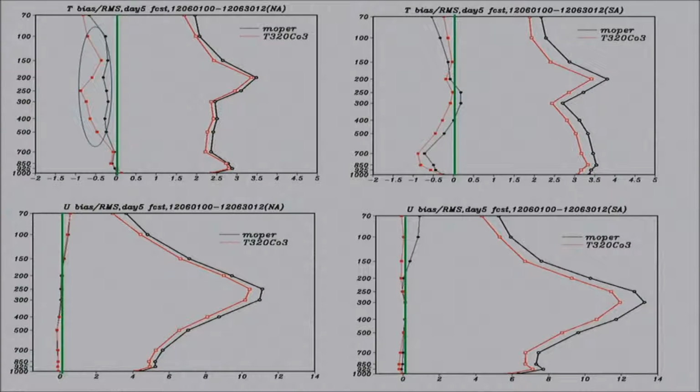This is the Northern Hemisphere. In the Southern Hemisphere, L60 is also better than L40 for the root mean square error. And the lower panel is the U component. You can see L60 is better than L40 in both hemispheres. We are still working on finding out why this comes out.